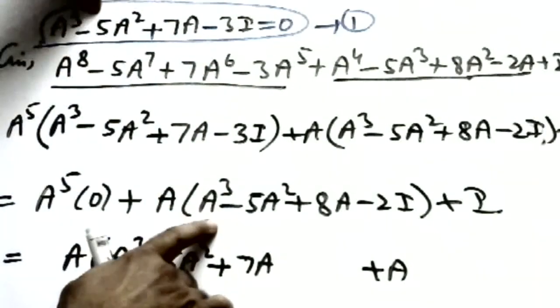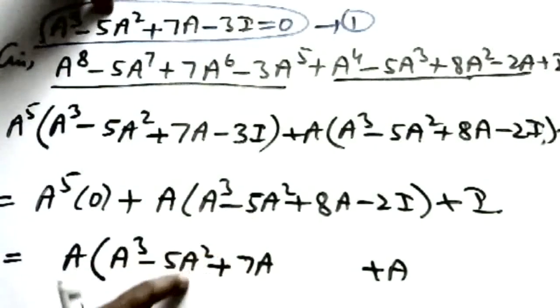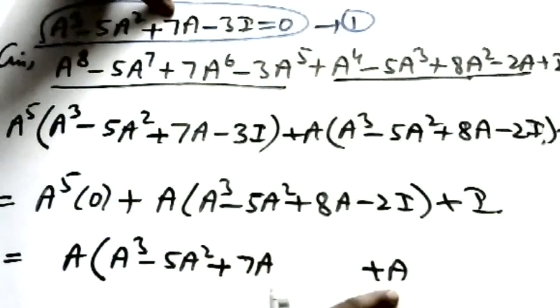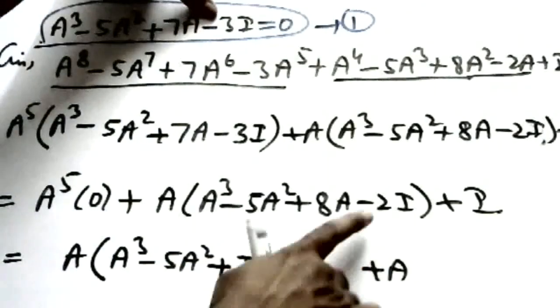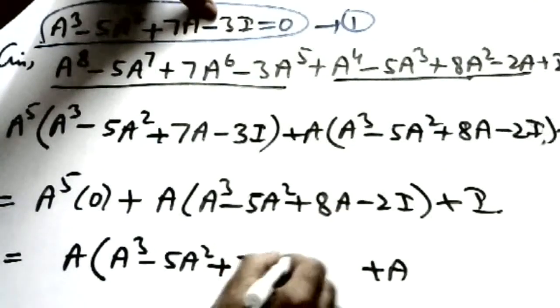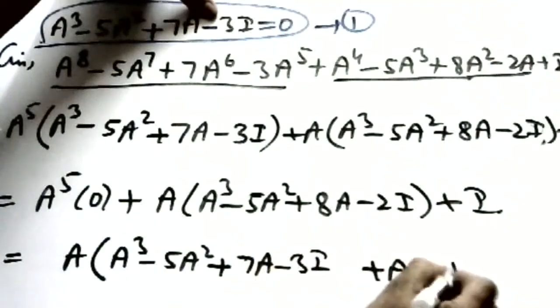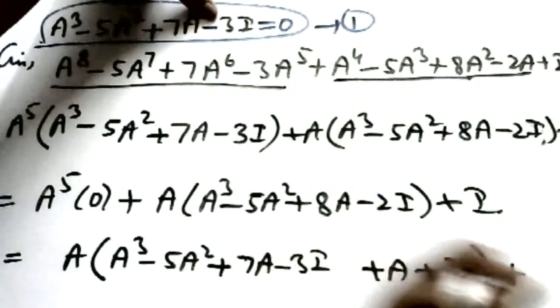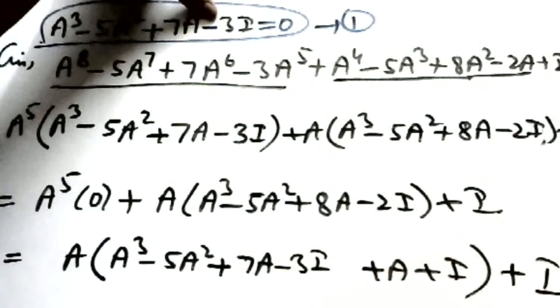Because if we get this one, this value will be 0. So A cube we already have, we don't change. Minus 5A square as it is, we don't change. 8A we can write as 7A plus A. Then we have minus 2I here, so we can write minus 3I plus I. See here, minus 3I plus I will be minus 2I.